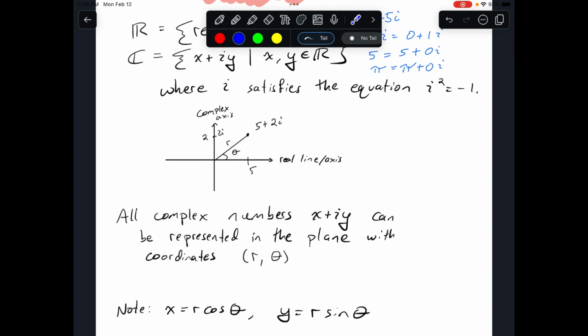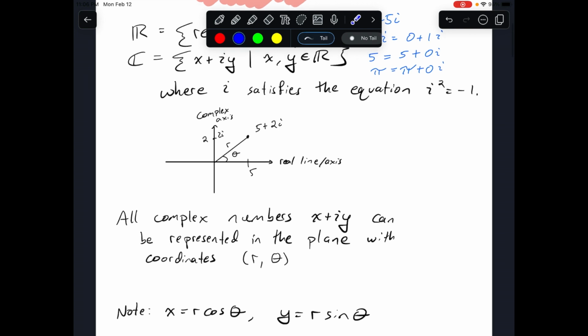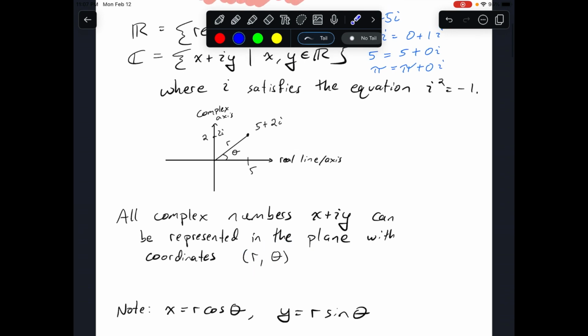And again, just like in polar coordinates, you get a nice conversion between representing complex numbers of the form x plus iy and using the coordinates r, theta. So x is equal to r cosine of theta, and y is equal to r sine of theta.